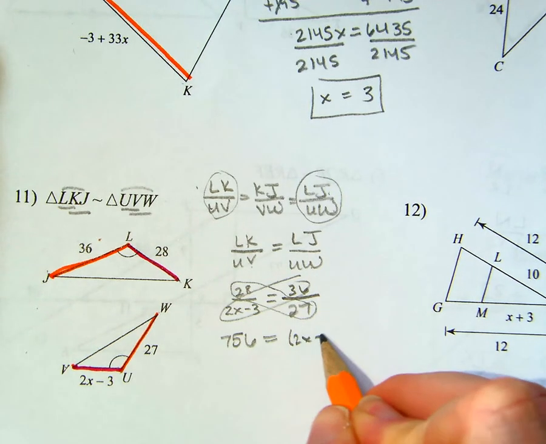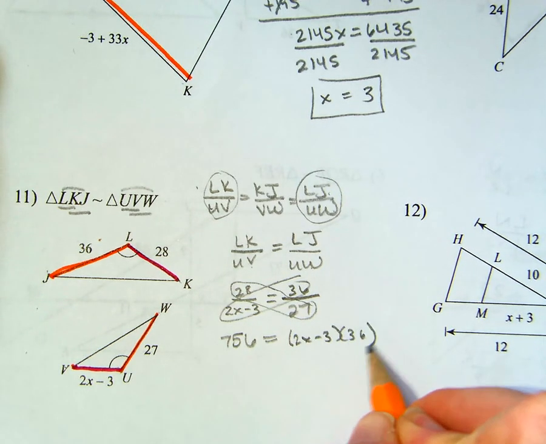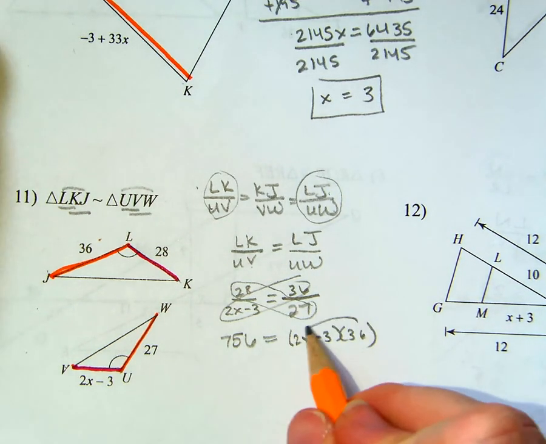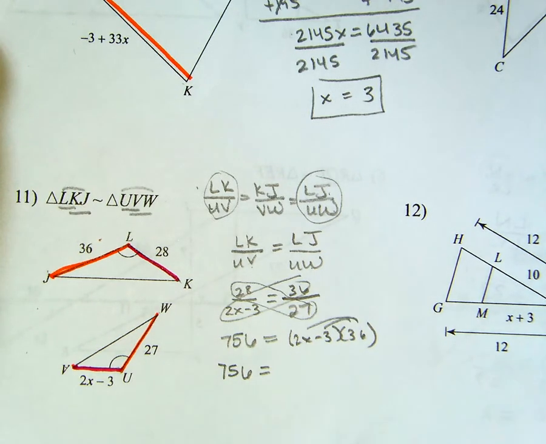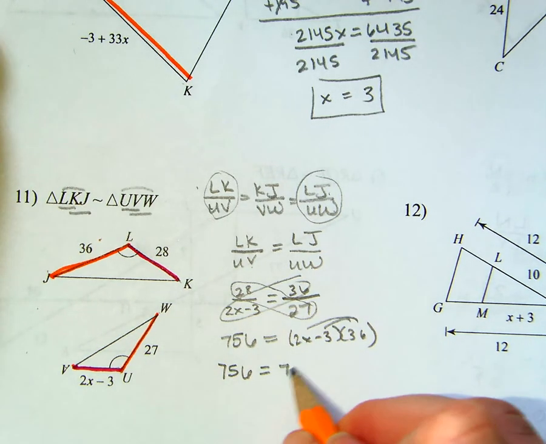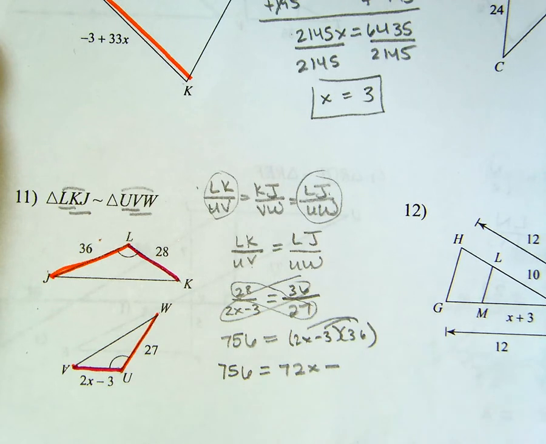So 2x minus 3 times 36. And I just need to distribute. So I have 756 is equal to 72x minus 3 times 36, which is 108.